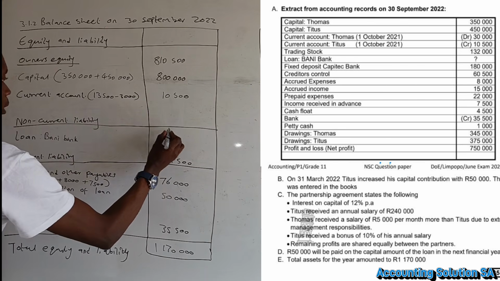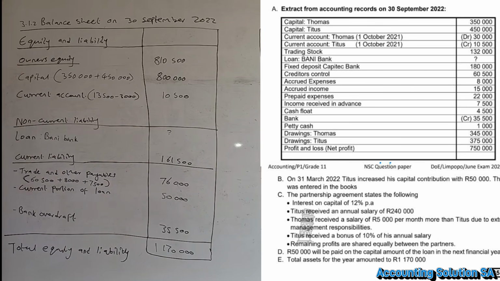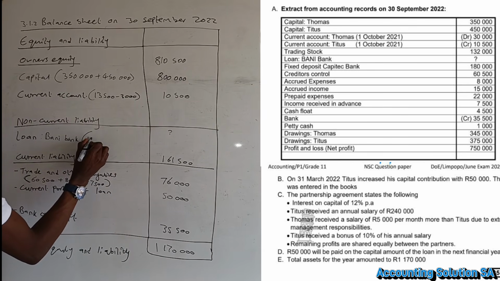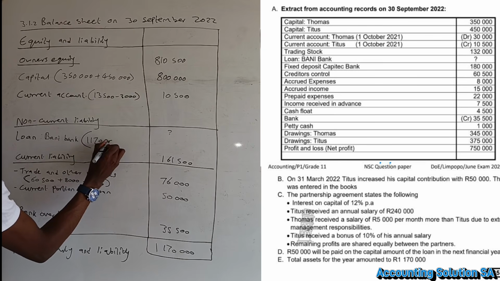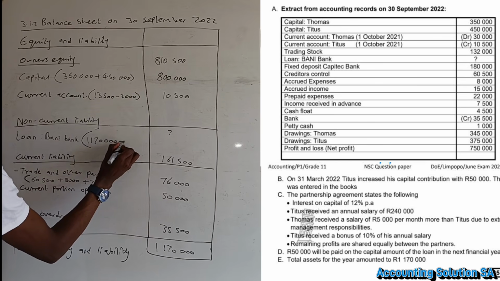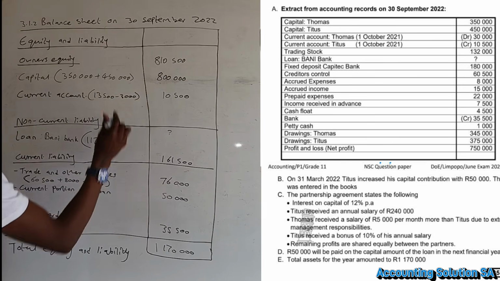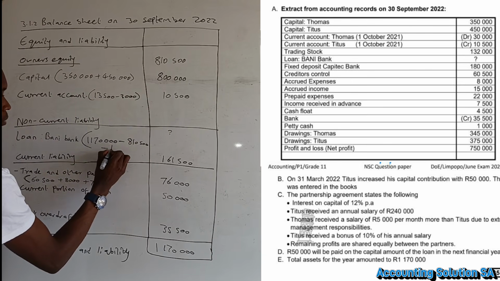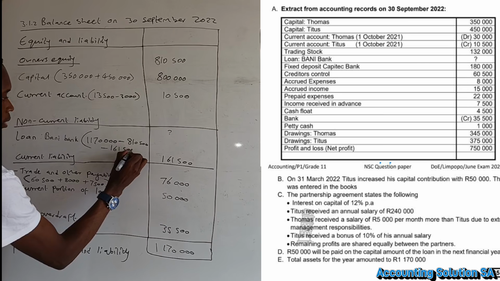Okay, then now we have the total of equity and we have the total of liability, but we don't know this one, which means that we have to apply a balancing figure. How are we going to apply a balancing figure? Because we know the total, we start from the bottom, 810,500 minus 161,500.